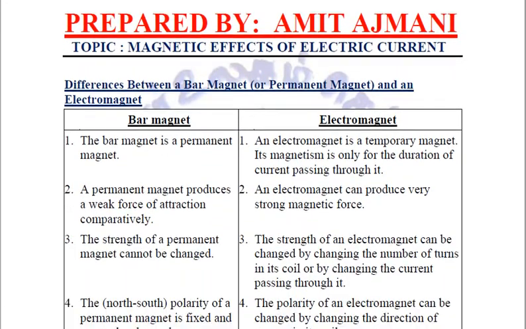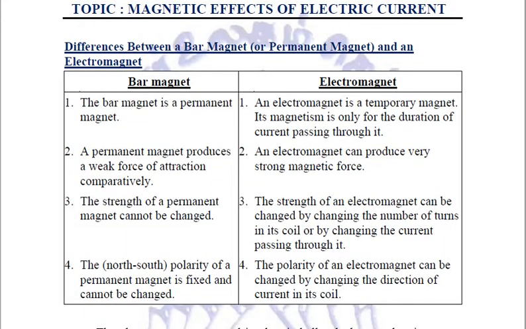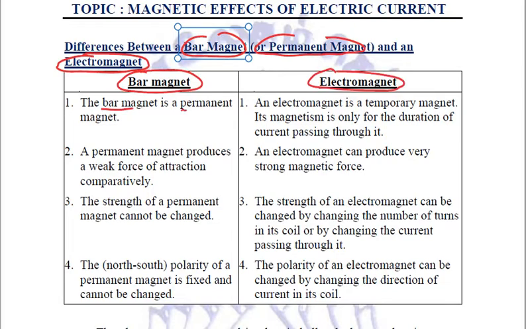Now we have seen two types of magnets. One is a bar magnet, which is called a permanent magnet, and an electromagnet. Let us see what are the differences between a bar magnet and an electromagnet. The bar magnet is a permanent magnet, whereas an electromagnet is a temporary magnet. Why? Because its magnetism is only for the duration of the current passing through it.